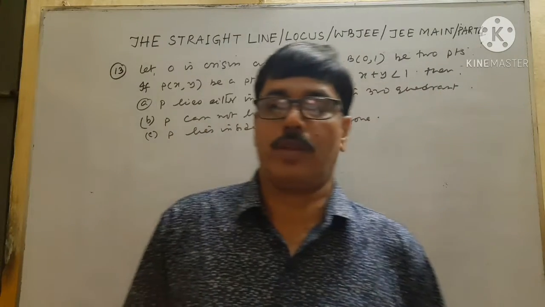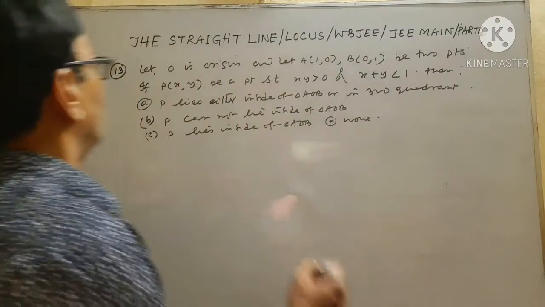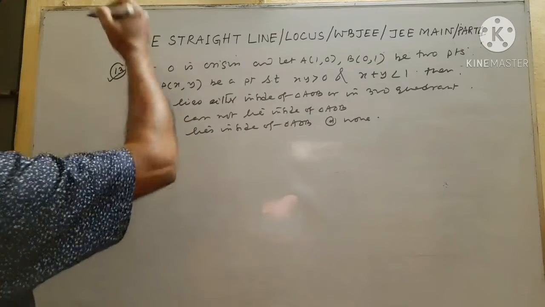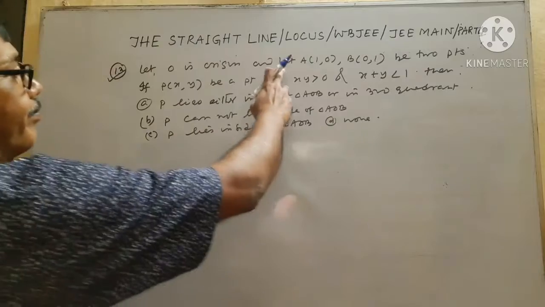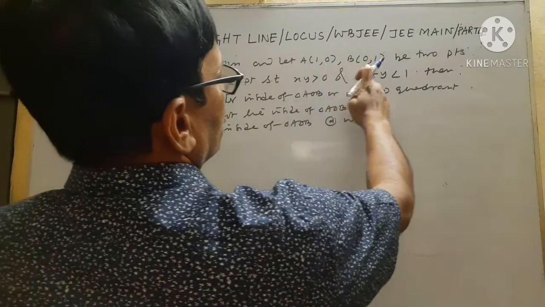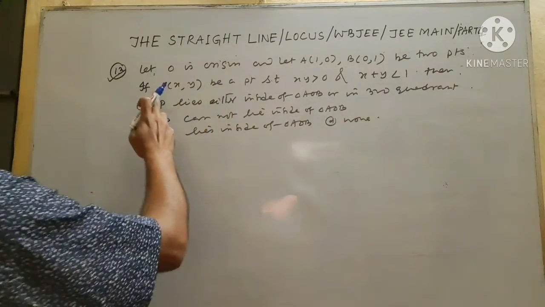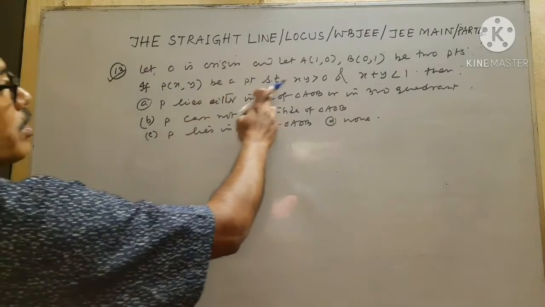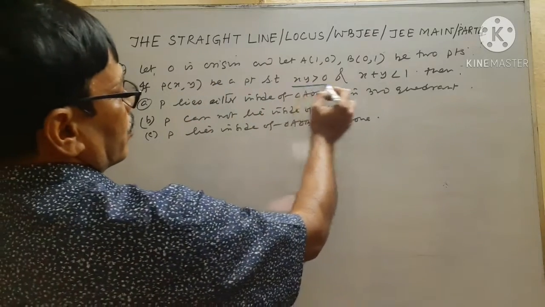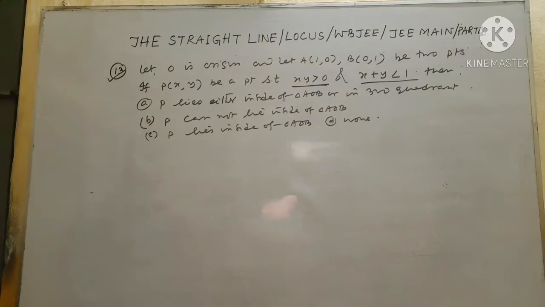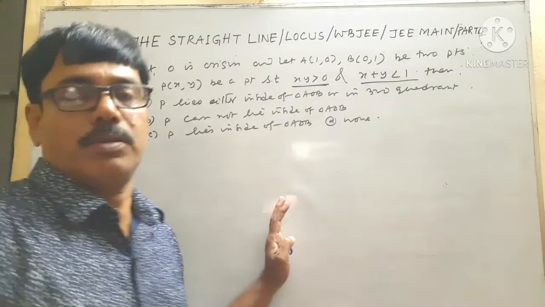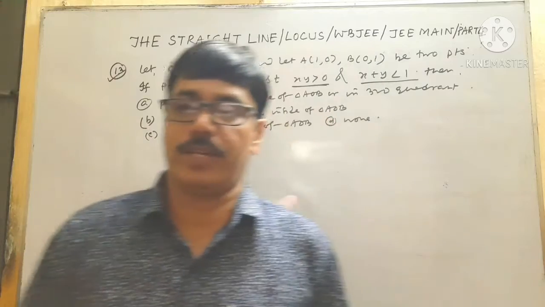Now we consider one more problem, the last problem. O is the origin and let A(1, 0) and B(0, 1) be two points. If P(x, y) is a point such that xy is greater than or equal to 0 and x plus y is less than 1, then you have to determine the position of the point.